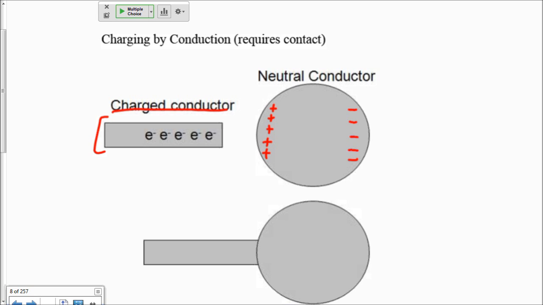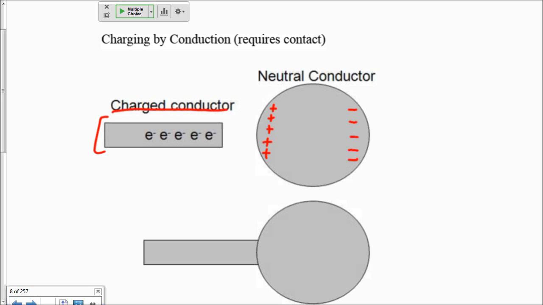If I bring it up close to this rod, I'm not going to get an excess of charge. There's no transfer of charge, but I'll have negative charges here. What will this end be like? This end will be positive, and this end now will be what? Negative. If I take it away, the charges will distribute themselves evenly again.